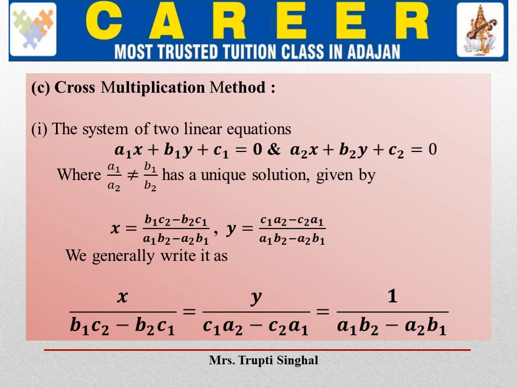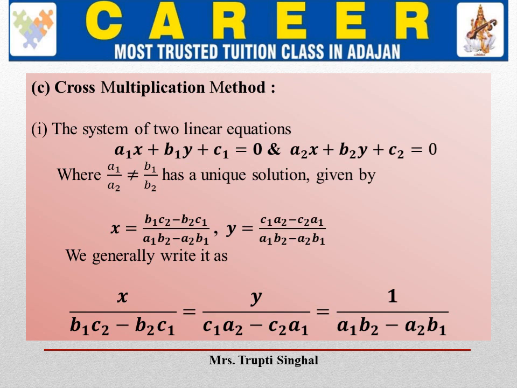In the division, the form a1 b2 minus a2 b1 should never be zero. That's why we first check that a1 by a2 is not equal to b1 by b2, and therefore we generally write it as x divided by b1 c2 minus b2 c1 equals y upon c1 a2 minus c2 a1 equals 1 upon a1 b2 minus a2 b1.